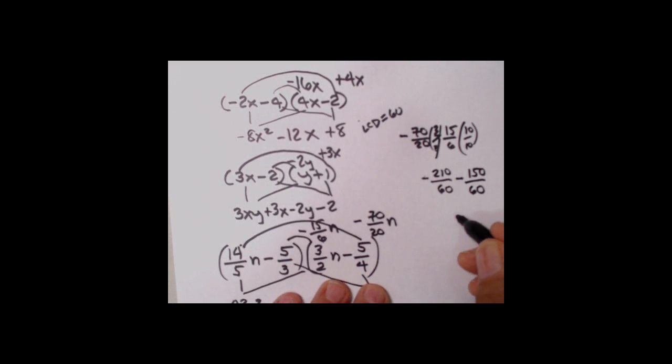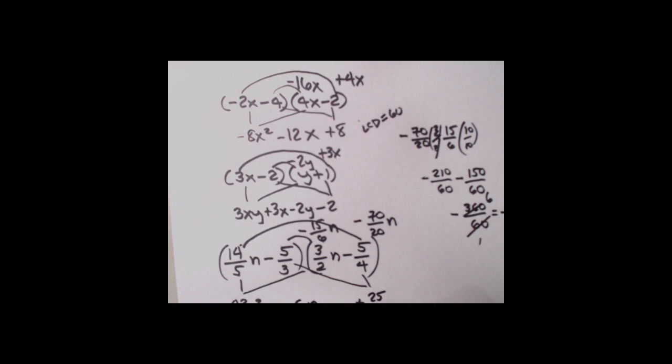So what do we end up with? Well, a total of negative, what is it? 360 all over 60. Okay, well, guess what? 60 goes once here and it goes 6 times here. So we end up with negative 6. All those guys reduce to that. So in the center, negative 6n.